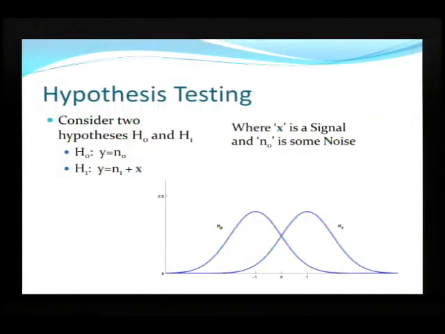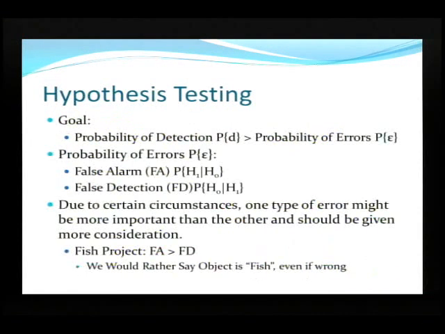In our fish images, you will have a higher probability of error. But what you want to do is get the probability of error as low as you can, and then set that. There are two types of errors: a false alarm and a false detection. You're going to want one error more than the other error.